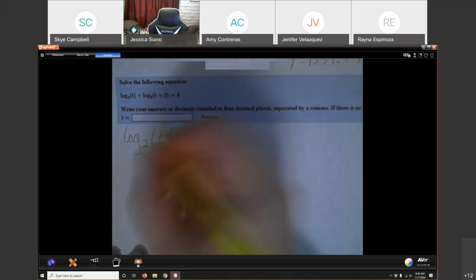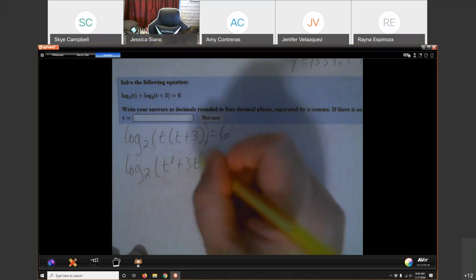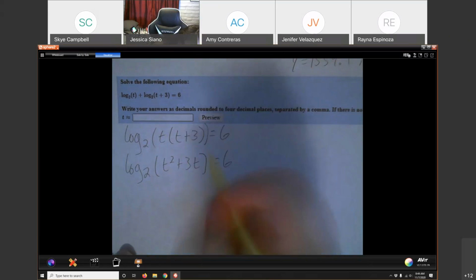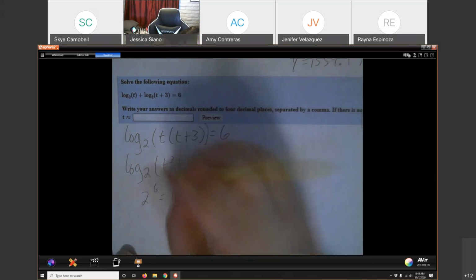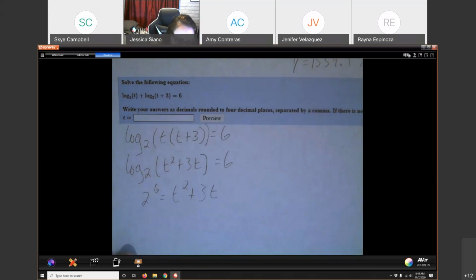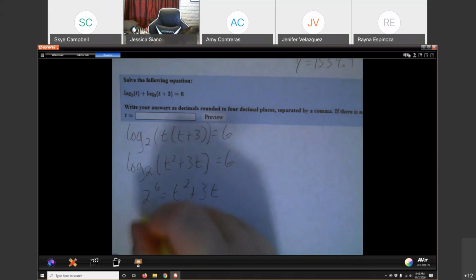Which is the log base 2 of t squared plus 3t. And now this I'm going to turn into an exponential, so it would be 2 to the 6 equals t squared plus 3t. 2 to the 6 is, I knew that one.